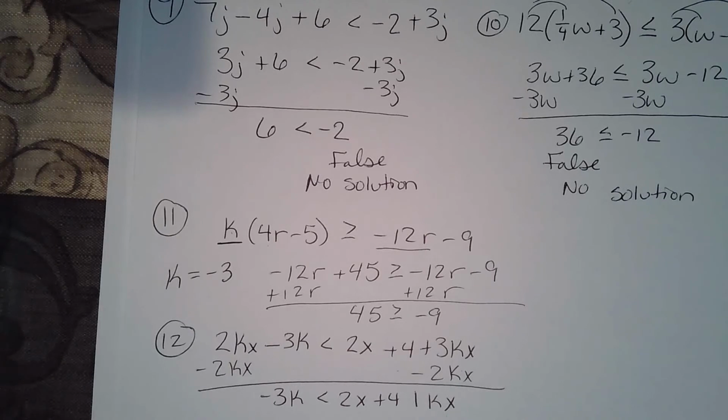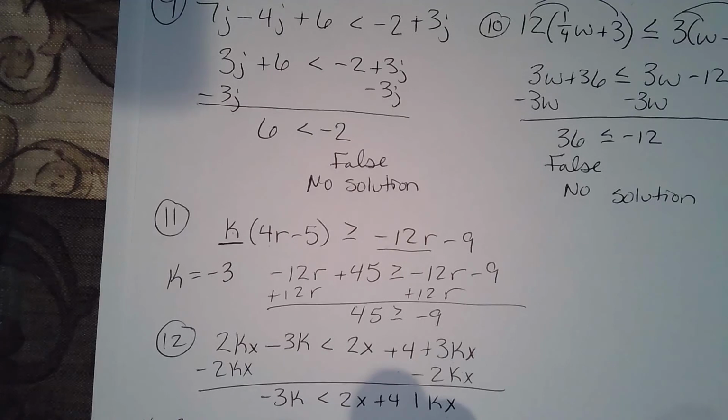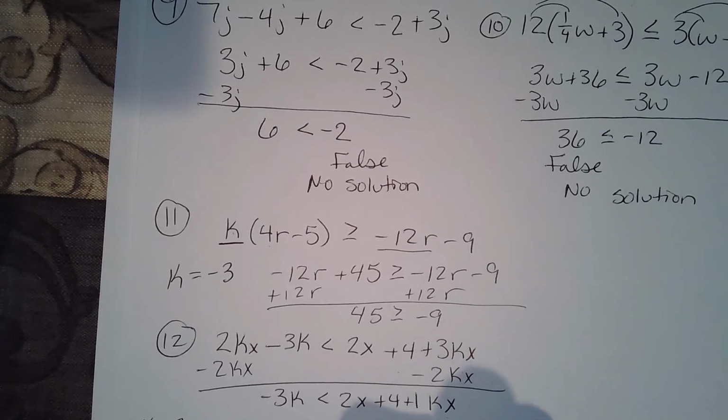So if we look at it, let's try 2. So let's try negative 2. So if I have 3 times negative 2 is less than 2x plus 4 times, it's going to be negative 2x, because I have to put the negative 2 in front.